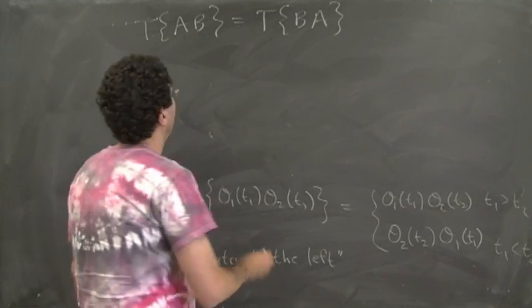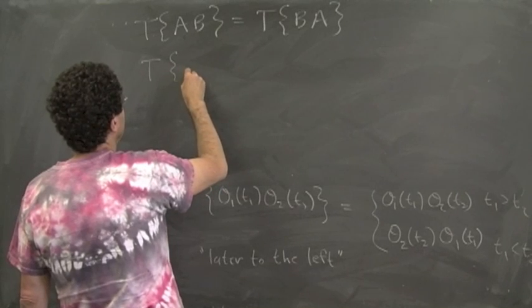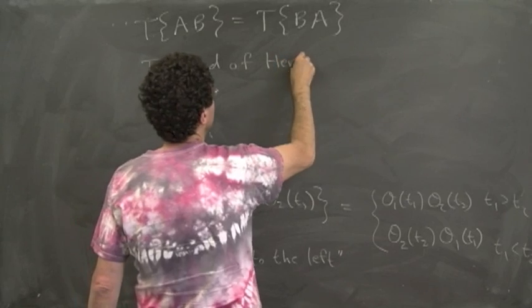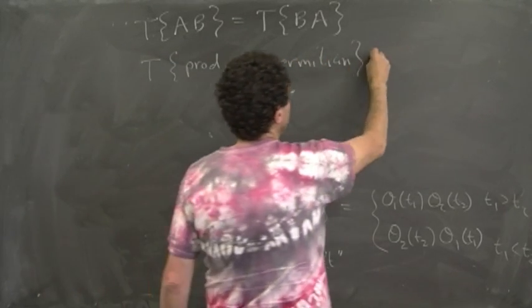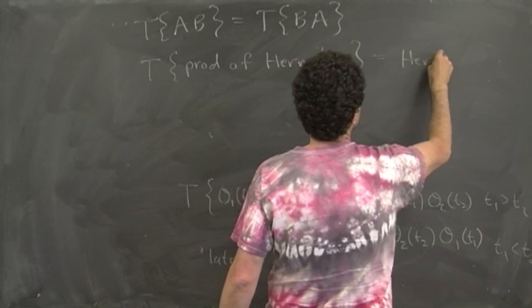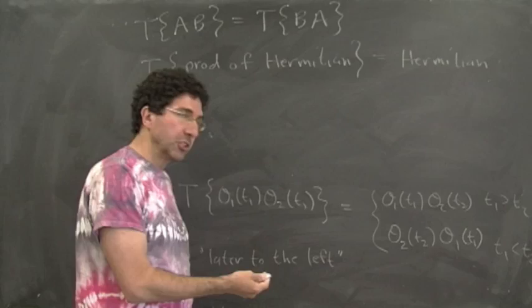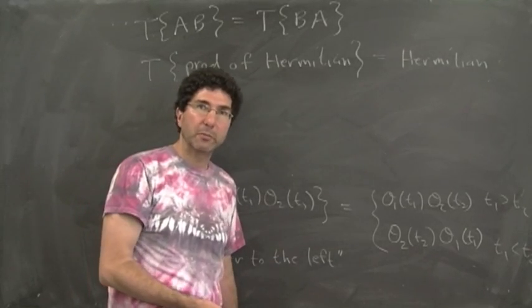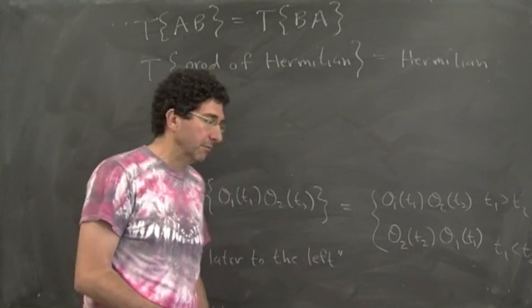Another thing is that if we have a product of Hermitian operators, this thing is Hermitian. That'll be important for us. We will be interested in Hermitian operators, and time-ordered products of Hermitian operators are again Hermitian. If that's not clear to you, write out the definition and you will see.